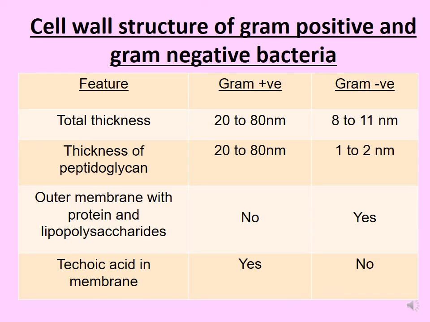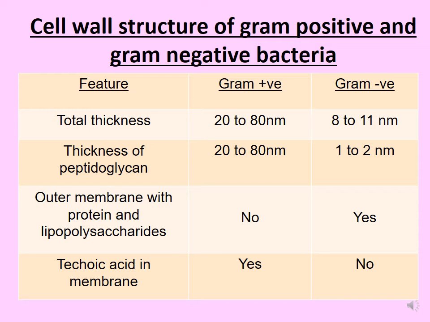So the cell wall structure of gram-positive and gram-negative bacteria can be summarised in the following table. And you can see the total thickness of the gram-negative bacteria is a lot thinner than the gram-positive bacteria. The thickness of the peptidoglycan within it is 20 to 80 nanometers in the gram-positive bacteria, whereas it's only 1 to 2 nanometers in the gram-negative bacteria.